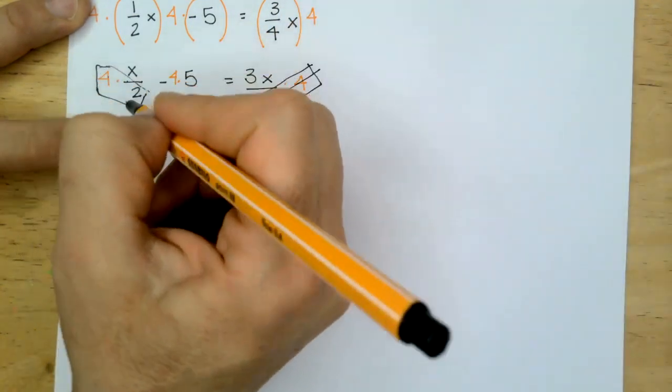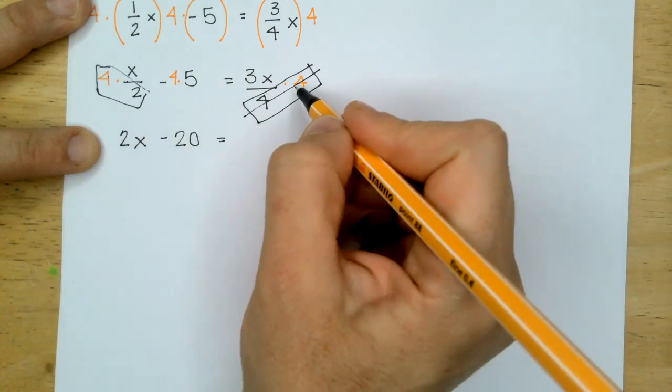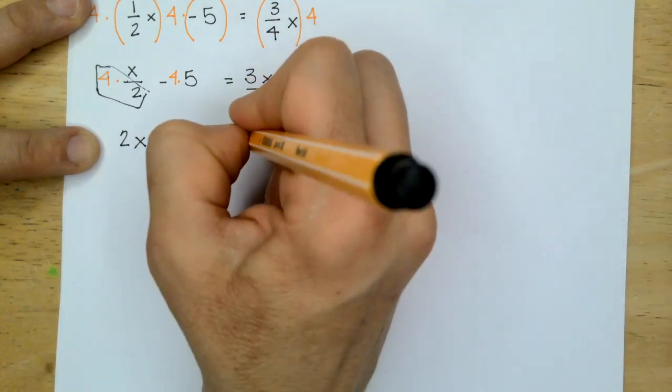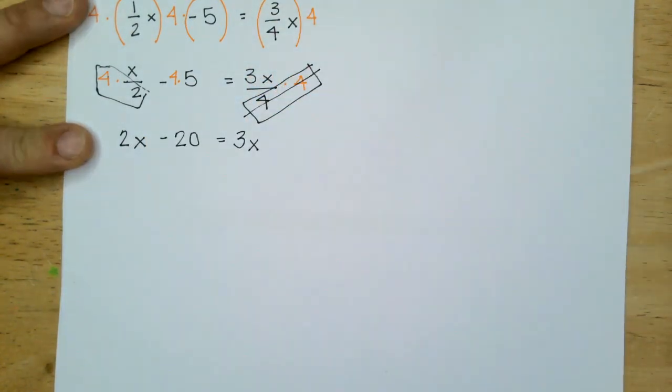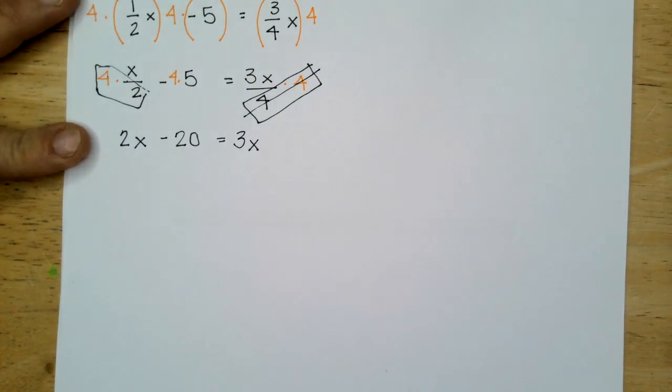Here, 4 divided by 2 becomes 2. Here, 4 divided by 4 becomes 1 and just goes away. Okay? That's what we're doing.